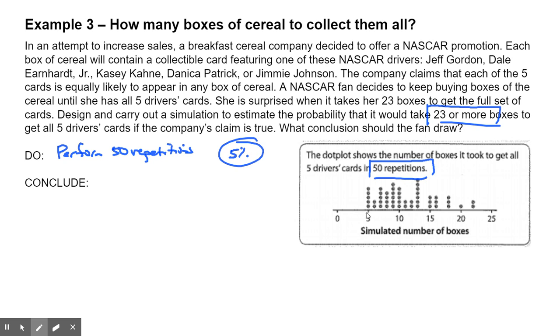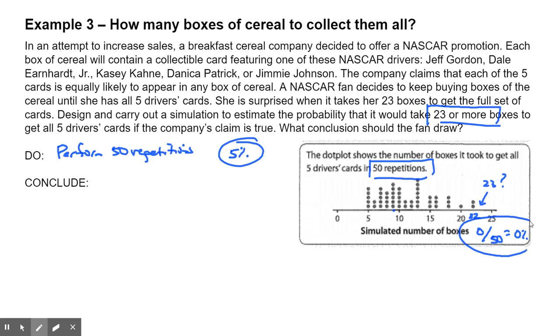Well, in between each of these is 5, this is 6, 7, 8, 9. So up at 20, 21, 22, I think this is 22. So I don't even think 23 is on here. So 23 or more occurred 0 times out of these 50 repetitions.